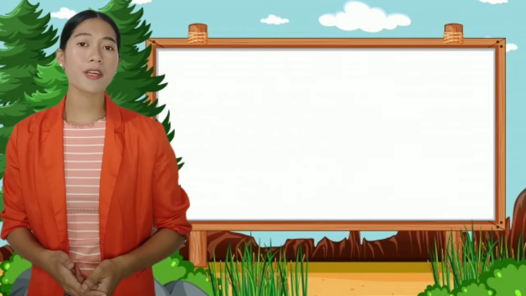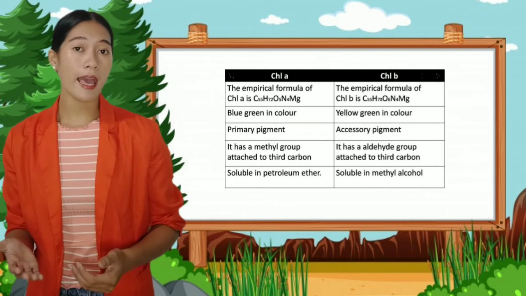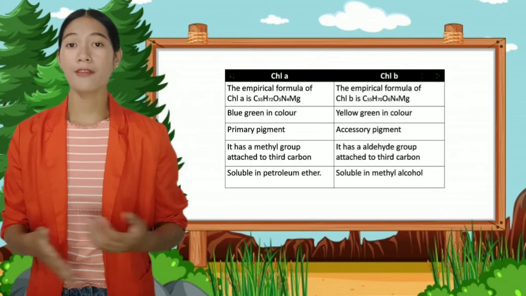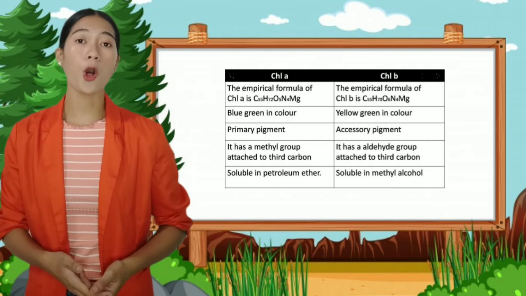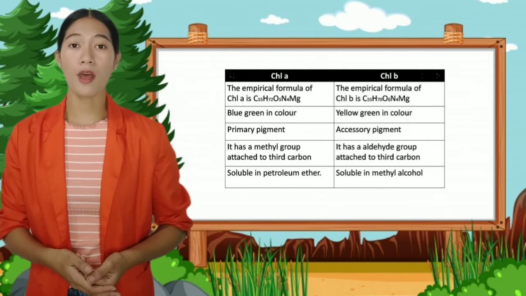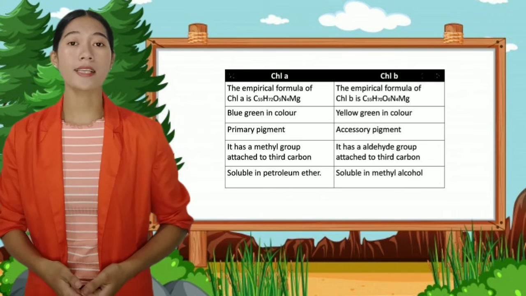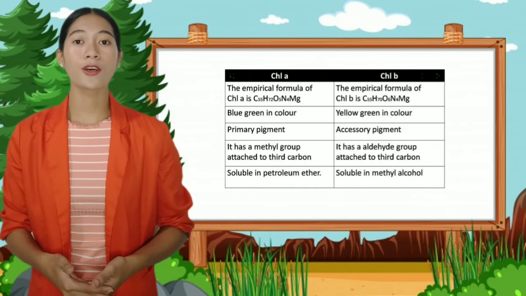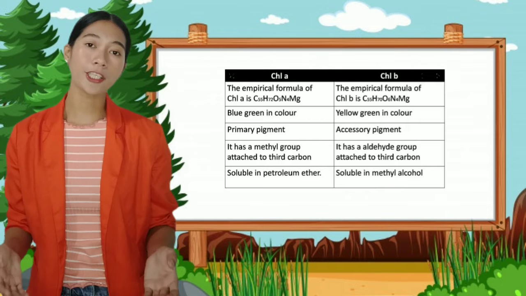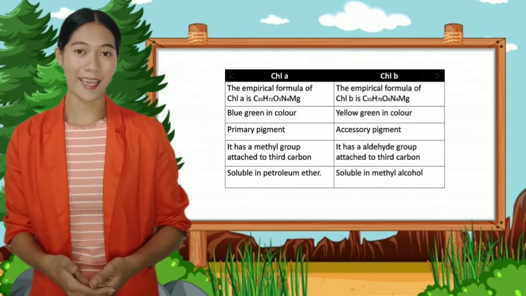The main difference between chlorophyll A and B is the role in photosynthesis. Chlorophyll A is the principal pigment involved in photosynthesis, whereas chlorophyll B is the accessory pigment collecting the energy in order to pass it on to chlorophyll A.